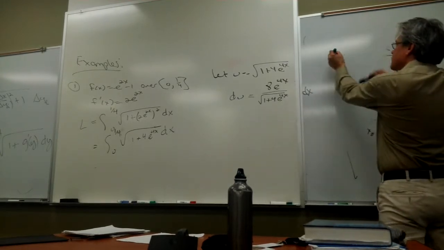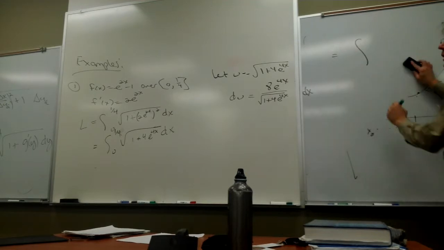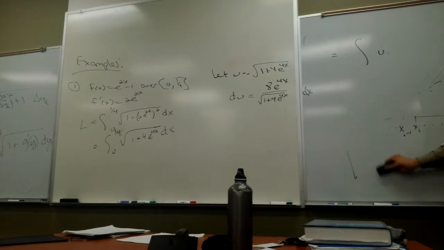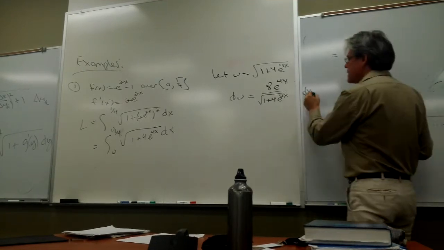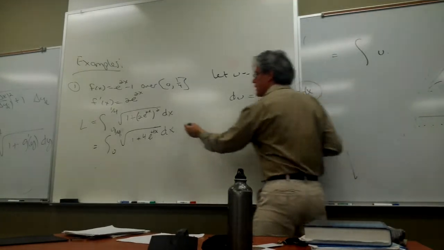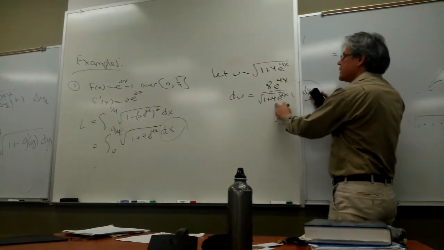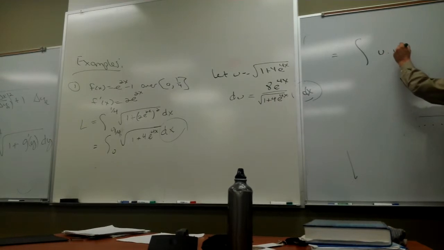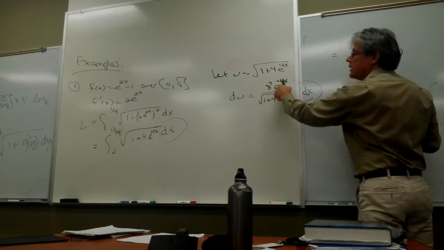Which means in the integrand's position, I've got the integral of, well, root stuff has another name of u. But another name for dx, if I isolate dx, I have to multiply both sides by root stuff, which is just u, by the way, times 8e to that power.